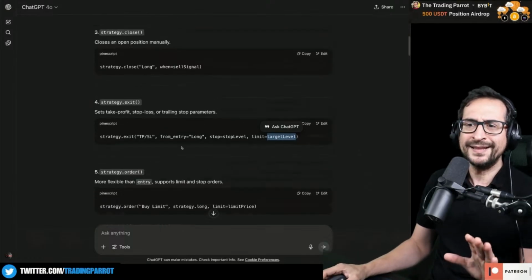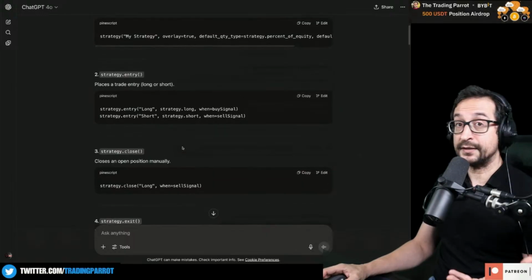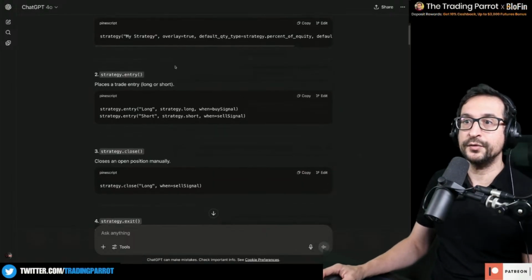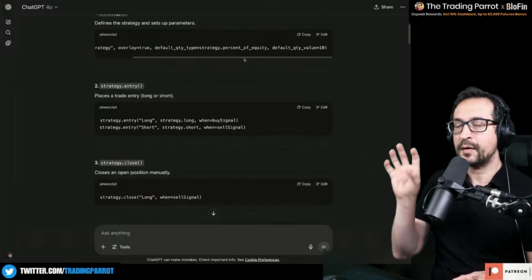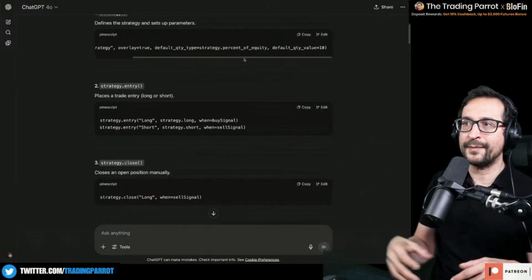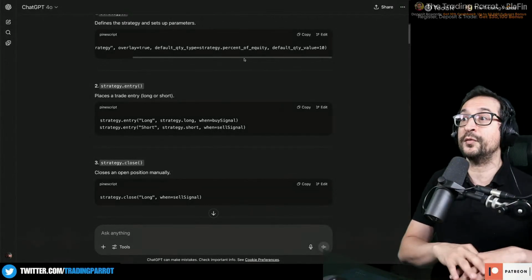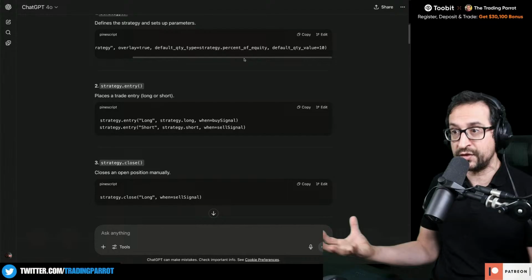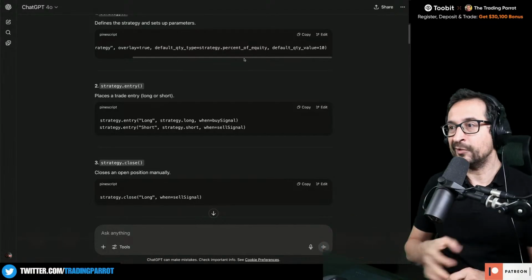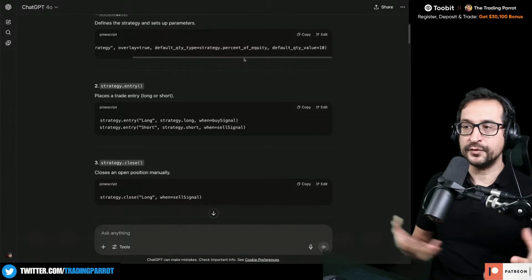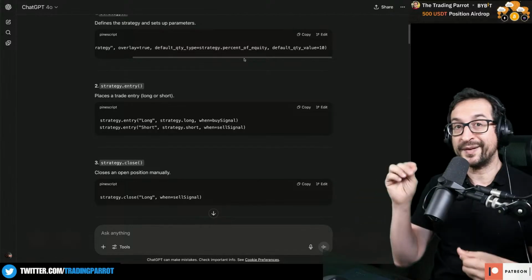Those are the 5 most important things that you need to know in order to do strategies. Of course, there's a lot of additional complexity about the sizing of the order, about how much you want to close, if you want to reduce only instead of closing 100% of the position, whether you want to deal with the quote in USDT or in euro, or whether you want to apply different fees or slippage percentages.